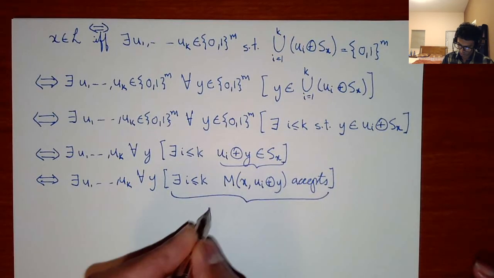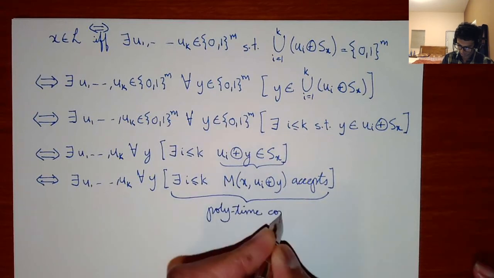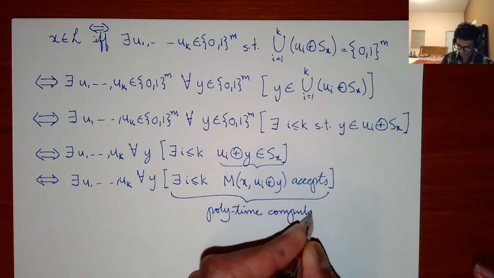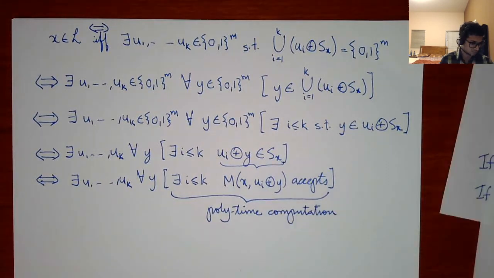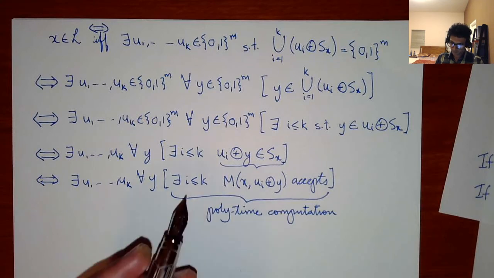This is just a polynomial time machine. This is simply a polynomial time computation, because K is just M divided by N. So this is just polynomial time.